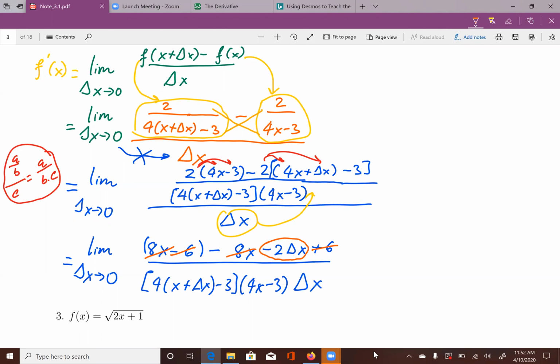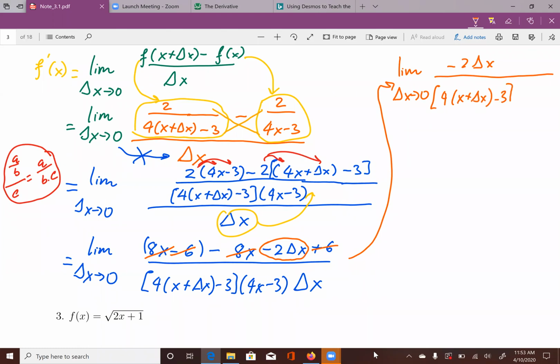Okay, I want to put it up here. Let's go down here. So I have the limit as delta x goes to 0 of negative 2 delta x over, again I rewrite it, 4x plus delta x minus 3, 4x minus 3, and delta x.